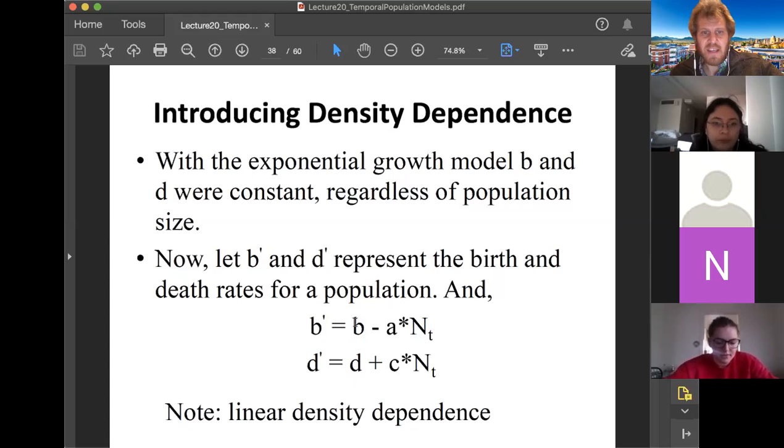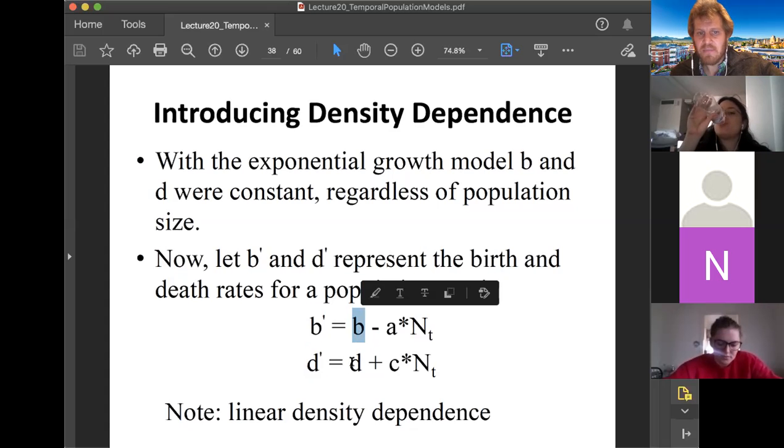Now, for logistic growth, which includes density-dependent birth and density-dependent death, we're going to use something called B prime and D prime. B prime and D prime is the equation of a line, where we have B and D as our intercept.